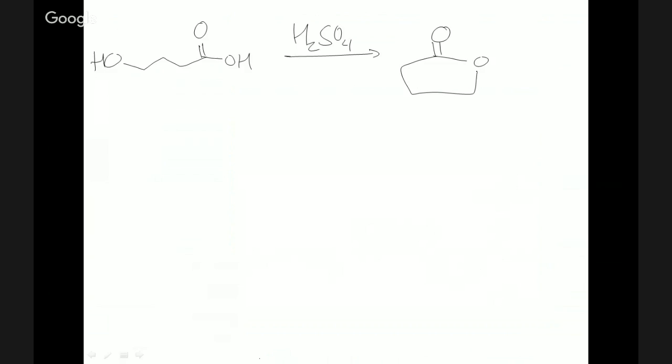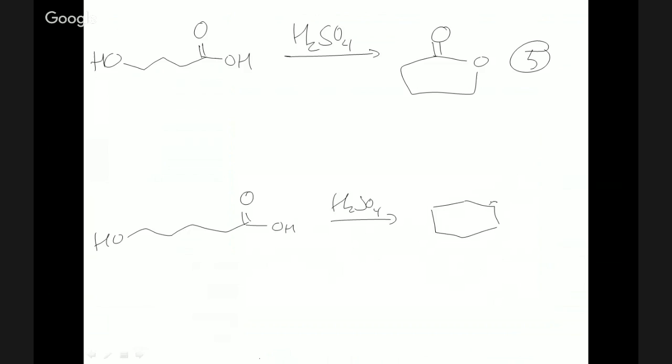This one forms a 5. This one forms a 6. So the same idea, you're forming an ester. We call these lactones, which is just the name for cyclic esters, but we form these rings.